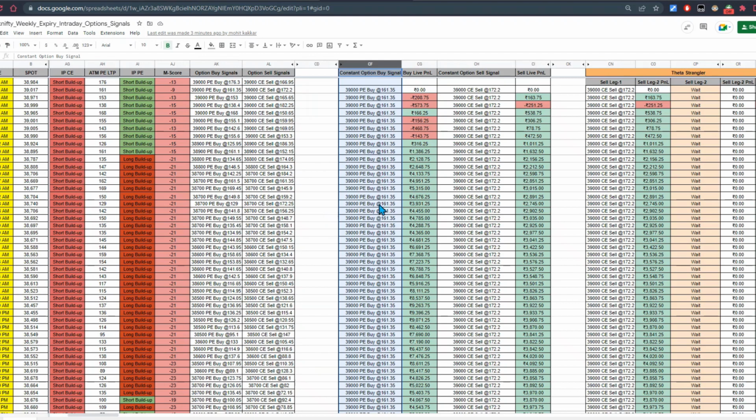So this is for the option buying, and this is the live PNL of the same PE buy at every 5 minutes of interval, and this is the call sale, exact opposite of the PE buy, if you want to do option selling.